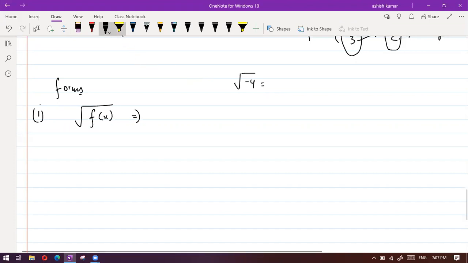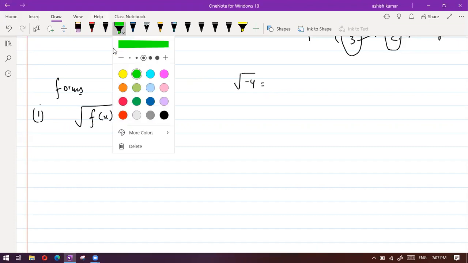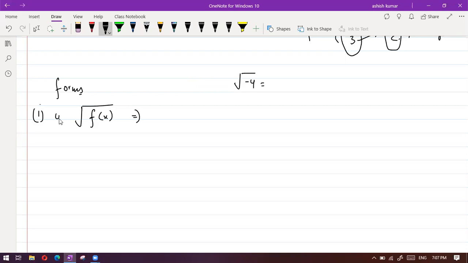So the condition to get this real value, if y is equal to root of f(x), if you want a real value, the condition should be that f(x) must be greater than or equal to 0. So whenever you see a term of x which is in square root, to find the domain, you will apply f(x) must be greater than or equal to 0.